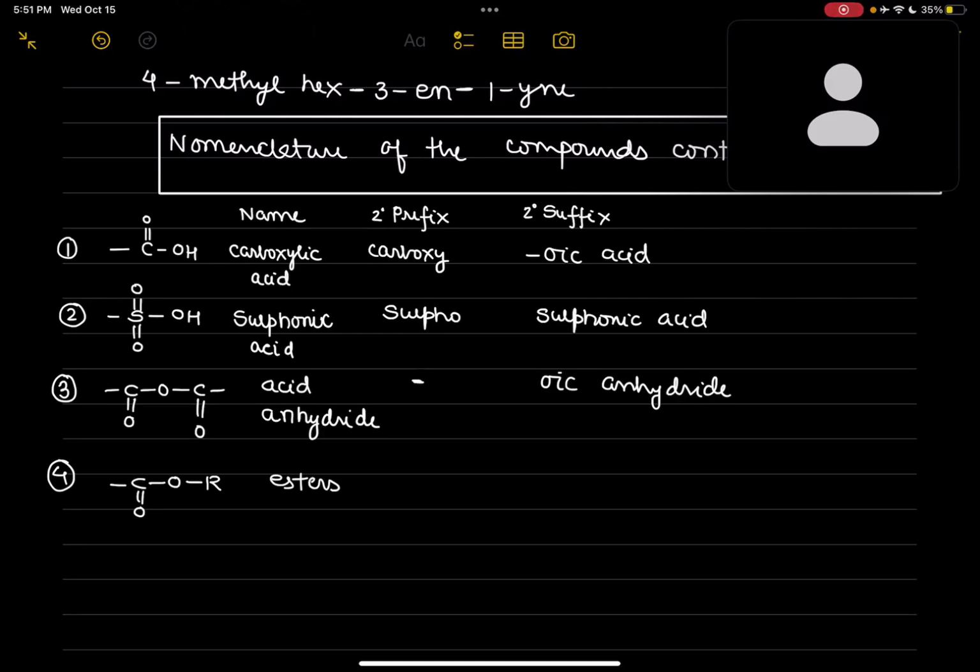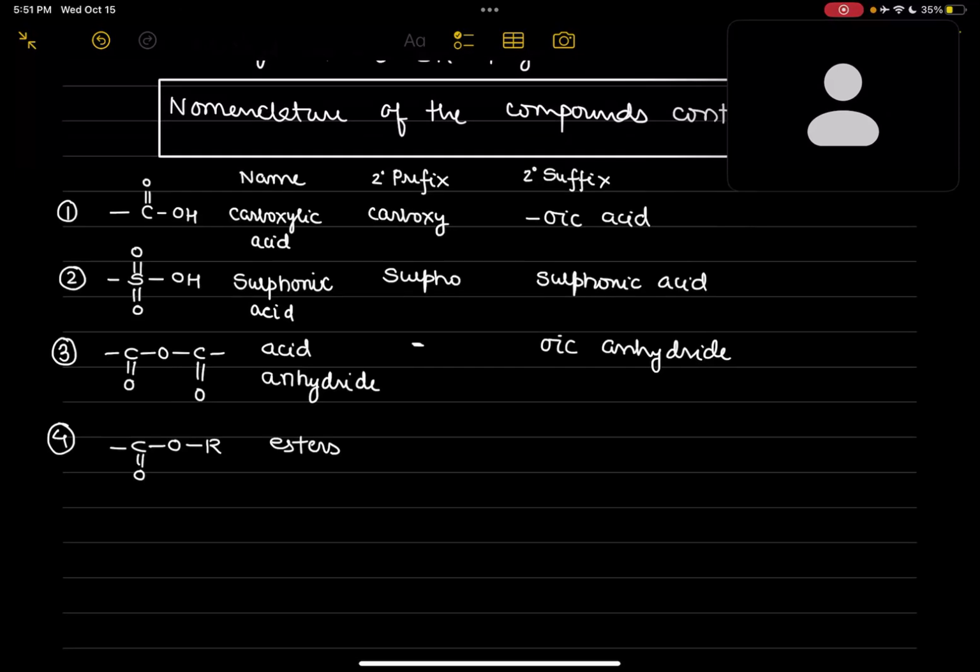The prefix of the esters is alkoxy or alkenyl oxy, depending upon their structure.